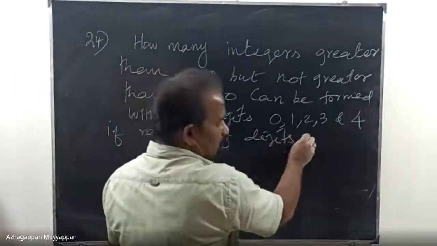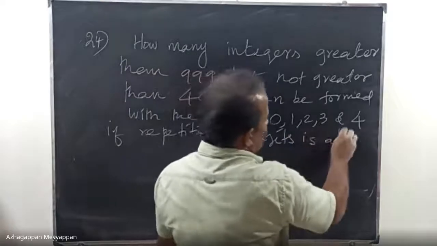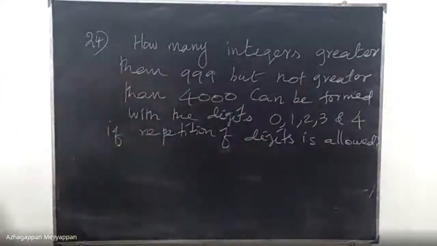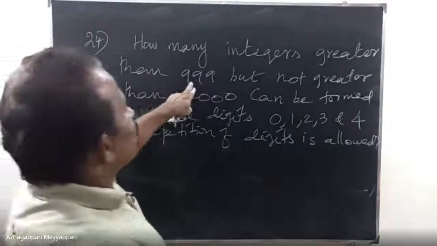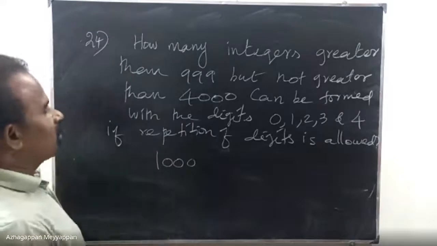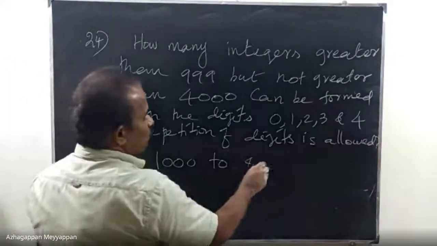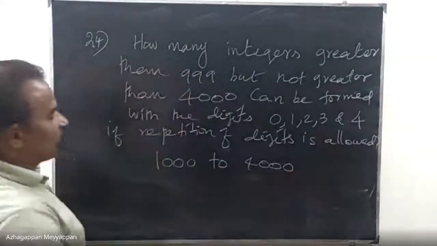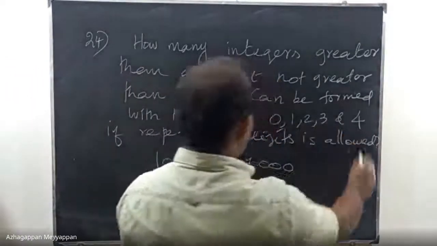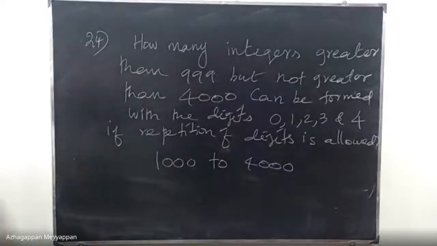So greater than 999 means from 1000 to 4000, using the digits 0, 1, 2, 3 and 4.